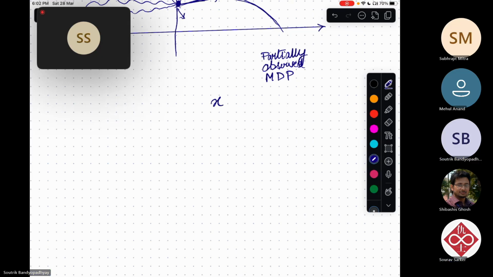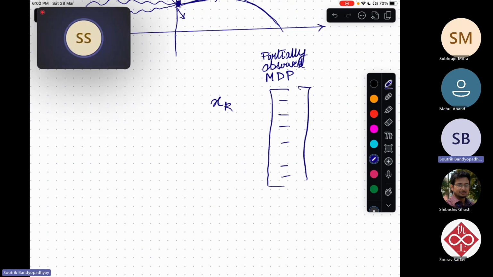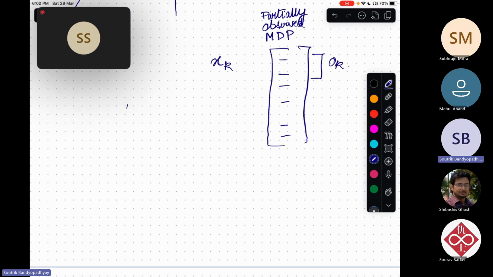Let's say this state is a really big list of values, but in real world scenarios, we may have access to only a subset of these values. We may call it observations, observation at K. Now, if you look at the observation only, this property of Markov may not hold.